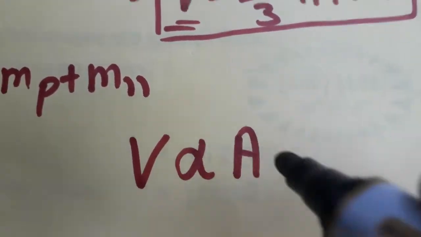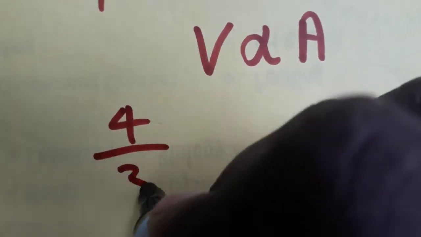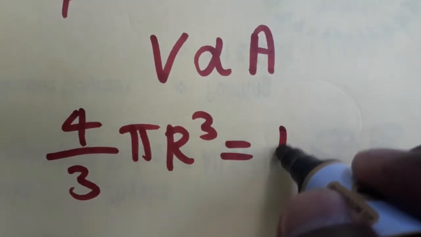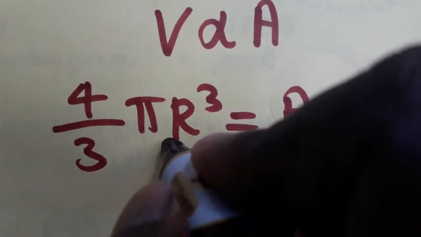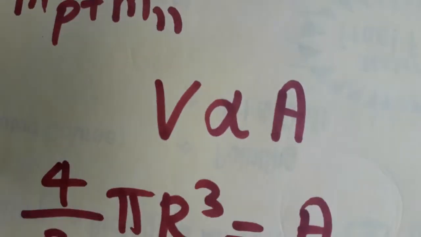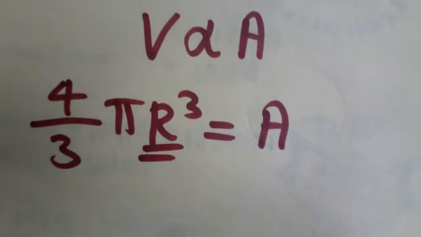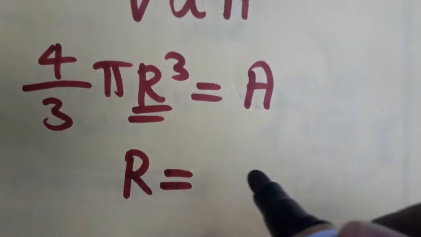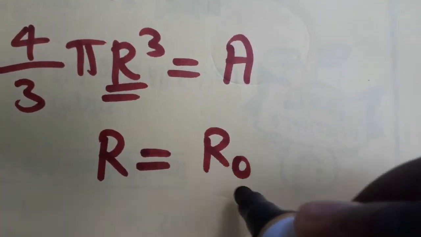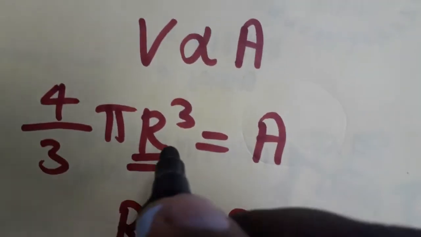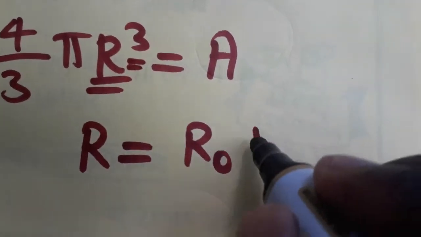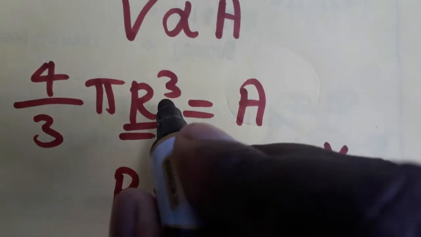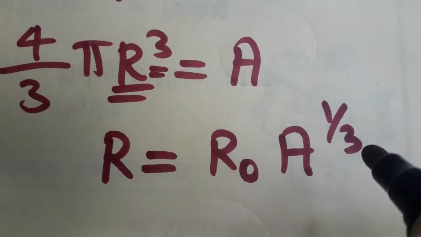If the mass number increases, the volume will increase. As we know, volume is equal to 4 by 3 pi r cube, which is proportional to the mass number. I want to find the radius of the nucleus. From this equation, the radius of the nucleus is equal to r naught times the cube root of A. Because r cube is there, I take the power 1 by 3, so A becomes a cube root.